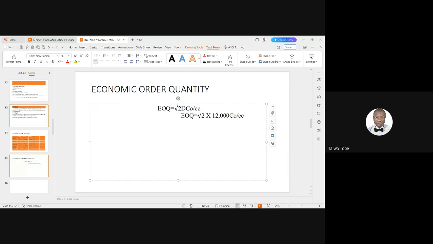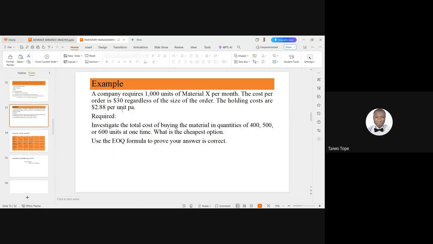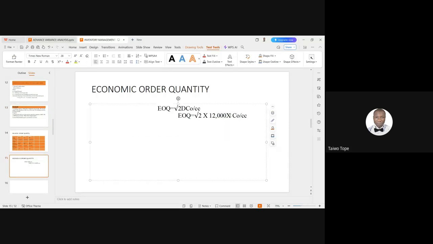Your Co is what? Ordering cost, the cost per order, the cost of ordering one. From the question, the cost per order is $30. So you multiply by 30.